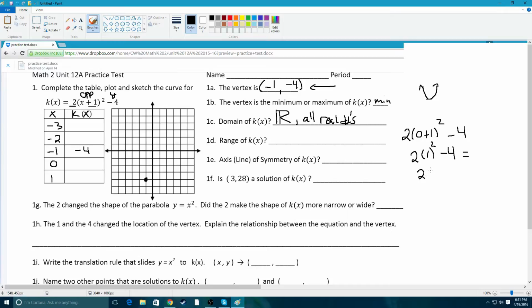It's 2 times 1 minus 4, which comes out to -2. So 0, -2 is a coordinate. And since we plotted our vertex right here in the middle, our vertex is the line of symmetry, or the axis of symmetry. So that means when you plug in -2, you'll get -2 as well.